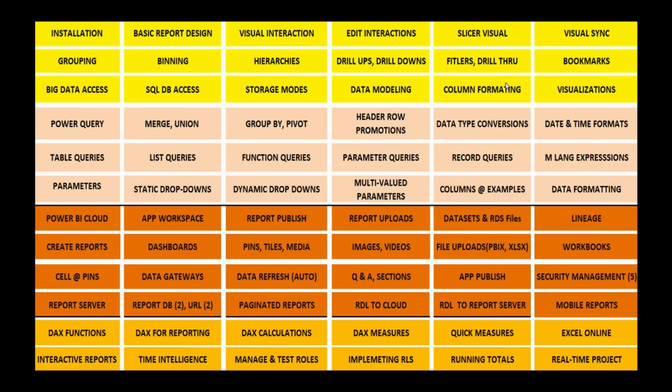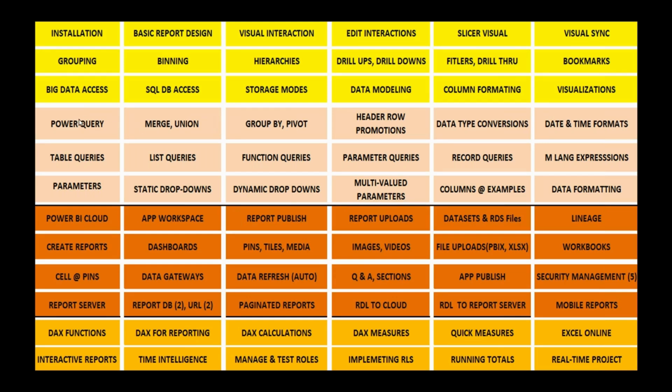We'll do in this order slowly. Grouping, binning, hierarchies, drill up, drill downs, filters, drill through, bookmarks, big data access, SQL database access, storage modes, data modeling, column format, and visualizations. Initial 3 lines, the yellow items, are the basic report level activities we'll do.